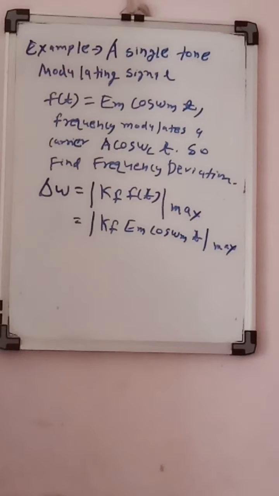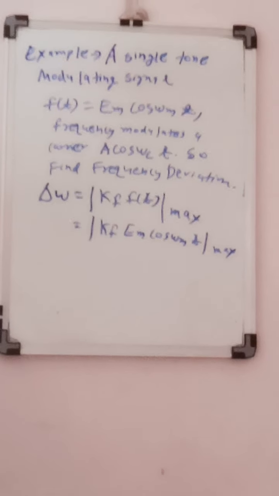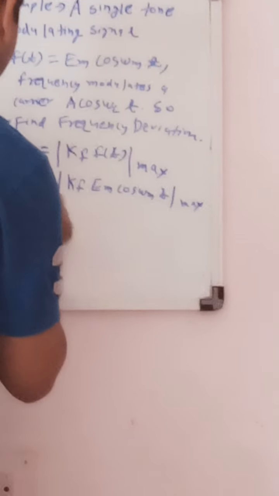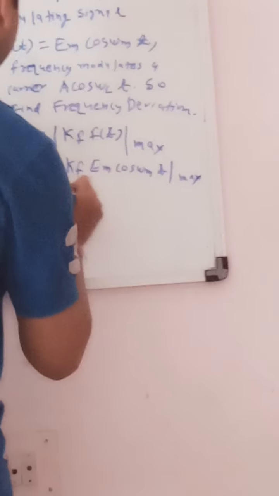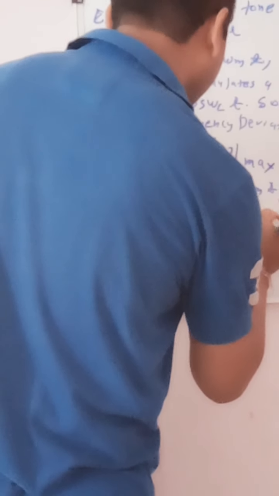This is the expression which we derived for the frequency deviation, and in it we have put the value of f(t), which is given as Em cos omega m t. The maximum value or amplitude of cos omega m t is equal to 1 here, right?